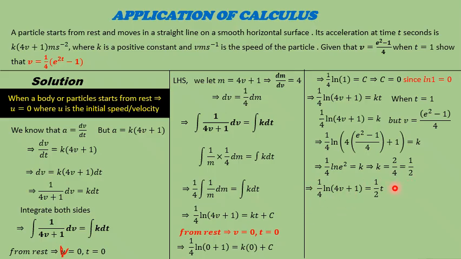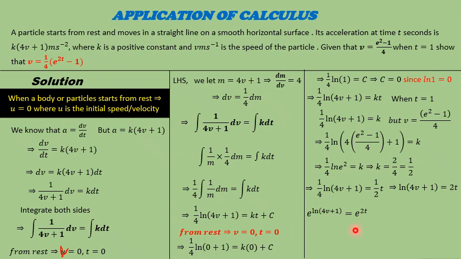So if I multiply by 4, the 4 here will cancel with this other 4 here, and then here I'll have 4 divided by 2, which is 2. So I'll be left with 2t. So at the end of the day, I'm going to have ln of 4v plus 1 equal to 2t. Now what next? For me to remove this ln here, I'm going to take e on both sides. So if I take e power ln of 4v plus 1 equal to e power 2t.